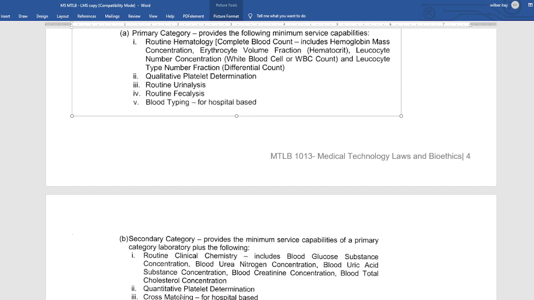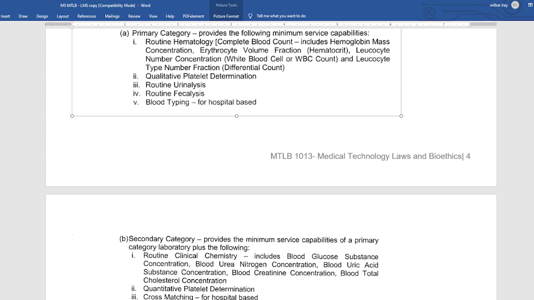What do you mean by cross-matching? Okay? So, i-cross-match yung donor's blood sa recipient's blood to see whether they are compatible or not. If the blood of the donor matches with that of the receiver, if the receiver can receive that blood. Kasi hindi pwedeng magbibigay ka ng dugo na walang test kung compatible ba sila or not. Okay?